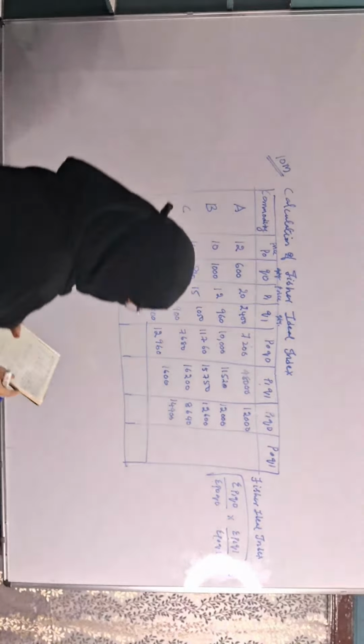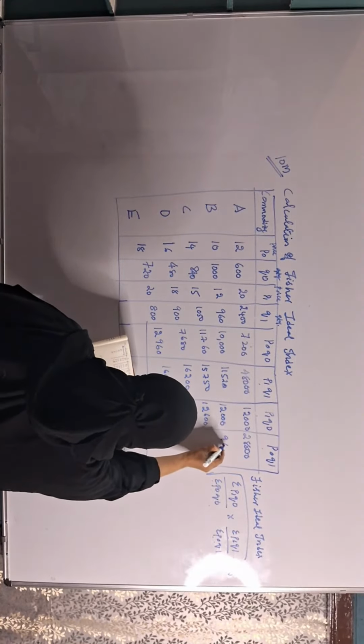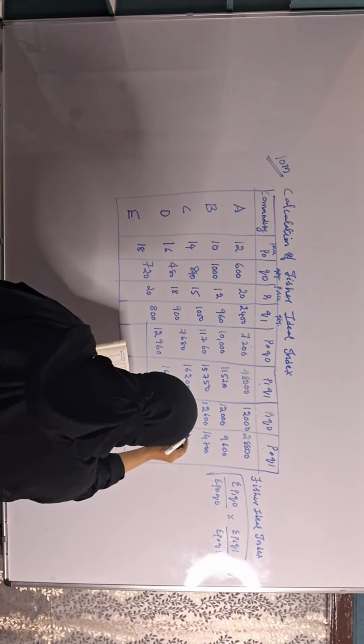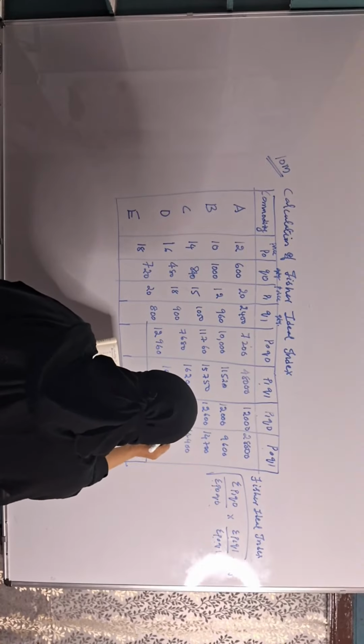Okay, 28,800. Okay, 9,600, 14,700. Just you have to calculate the columns. This is also 14,400. Then total it up.